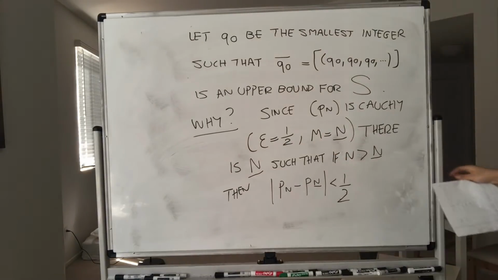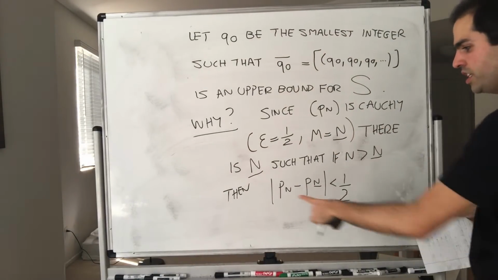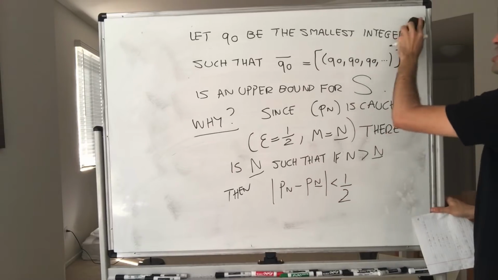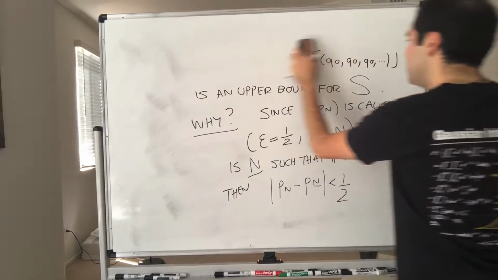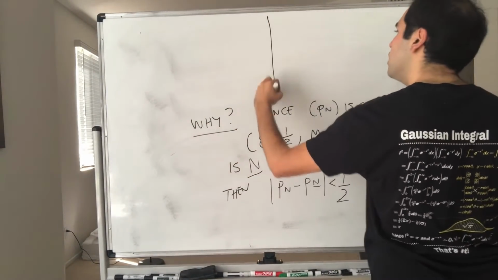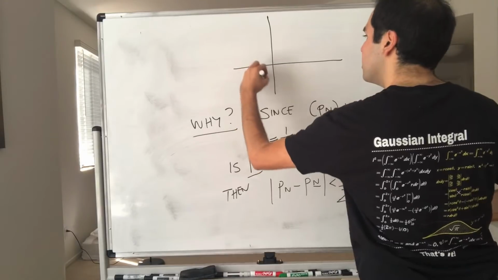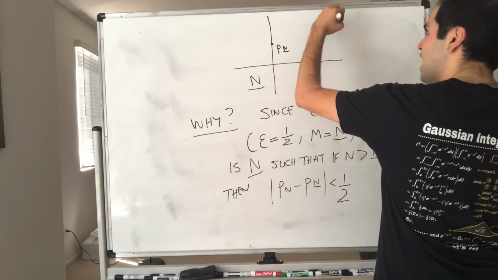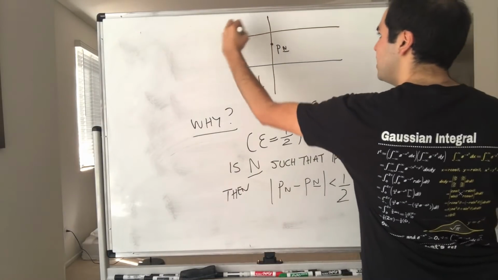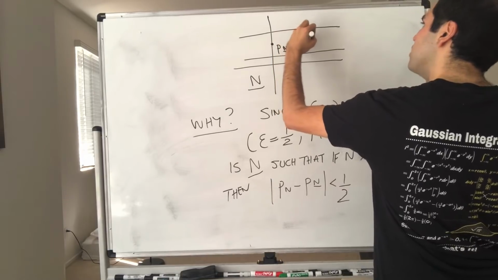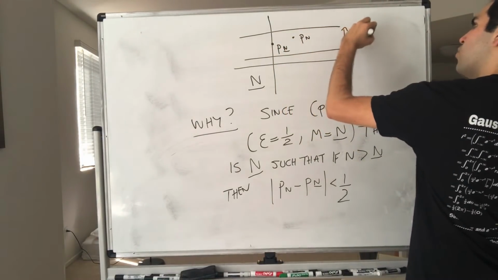So again, the sequence is Cauchy, so it's actually not very far away from its initial value in some sense. Here this is capital N, and so P capital N, and then essentially, because Pn is Cauchy, we know all the other values of Pn are at most 1/2 away.